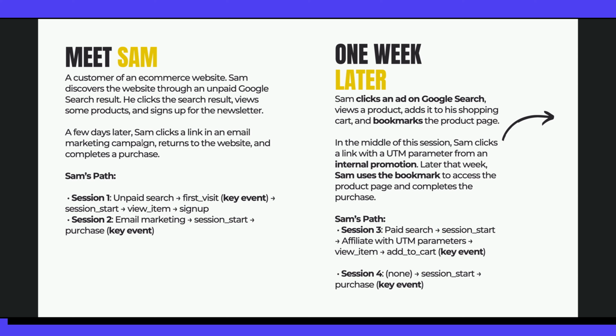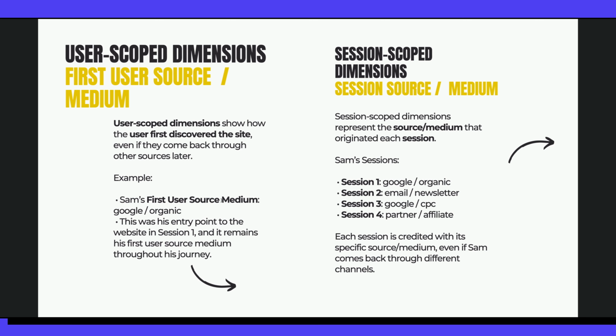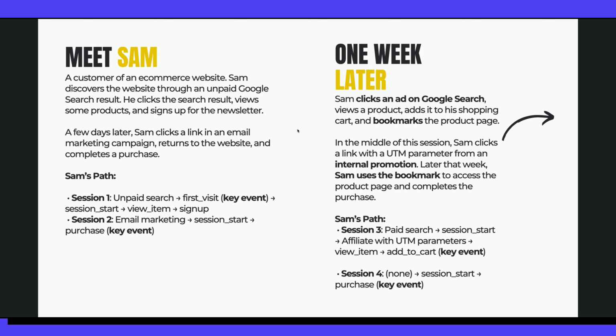After a few days, that user clicked on an email marketing campaign and returned to the website and completed the purchase. So that's the first two scenarios. And here you can see a breakdown of session 1 and session 2, and what each one will contain.